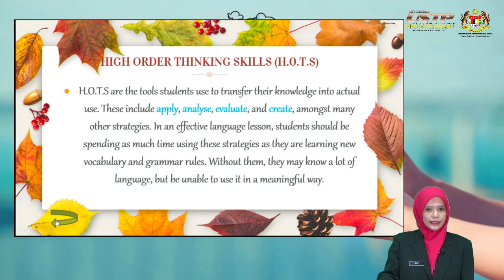In an effective language lesson, students should be spending as much time using these strategies as they are learning new vocabulary and grammar rules. Without them, they may know a lot of language but be unable to use it in a meaningful way.